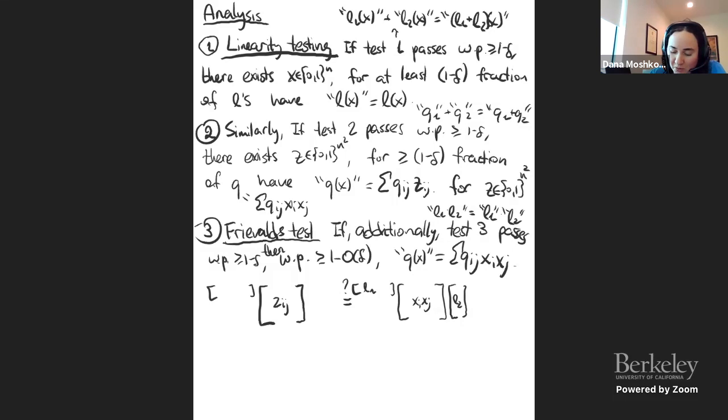So really, what we're doing in test 3 is checking this equality. This is what test 3 is all about. And one can see that if the Zij is different from Xij, then they're going to be different with probability half, and they're not going to be the same with probability close to 1. Okay, so this is the proof.